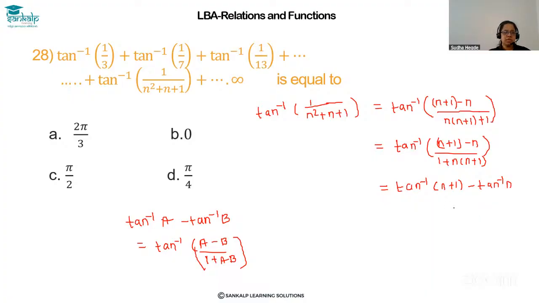So, now substitute in the sum. You are going to get Sn is equal to tan inverse 2 minus tan inverse 1 plus tan inverse 3 minus tan inverse 2.